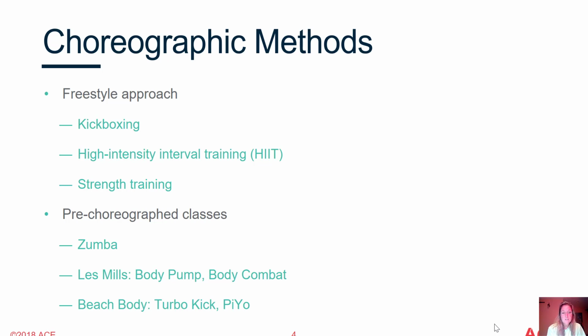So obviously there's a cost associated with that. If you want to be an instructor for, say, Zumba, you have to pay those fees to get the choreographed pieces and the music that goes along with it. Some instructors prefer that approach because they don't want to choreograph their own music and songs, so they just use something that's already predetermined and deliver the content.